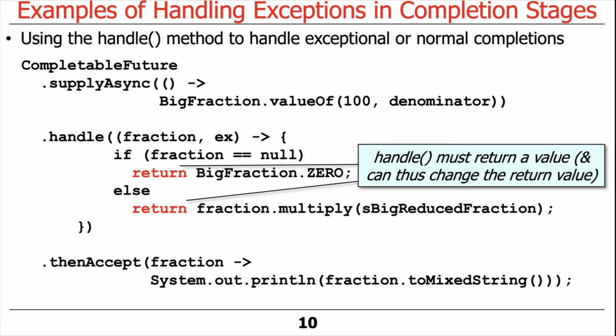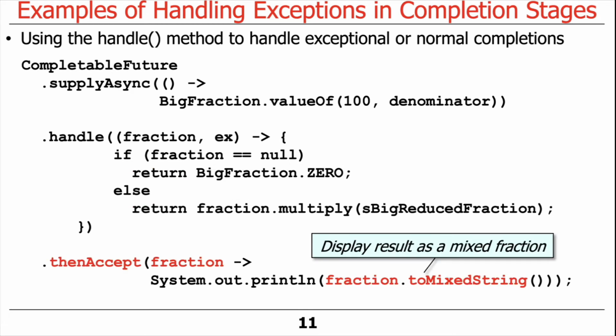So it'll either be the value that comes from the normal path, where we multiply the big fraction by a reduced fraction, or it'll be 0. Either way, it's got a normal value. And then we use the thenAccept method, which will display the result as a mixed fraction, which will again either be 0 or the result of multiplying the big fraction by the big reduced fraction.